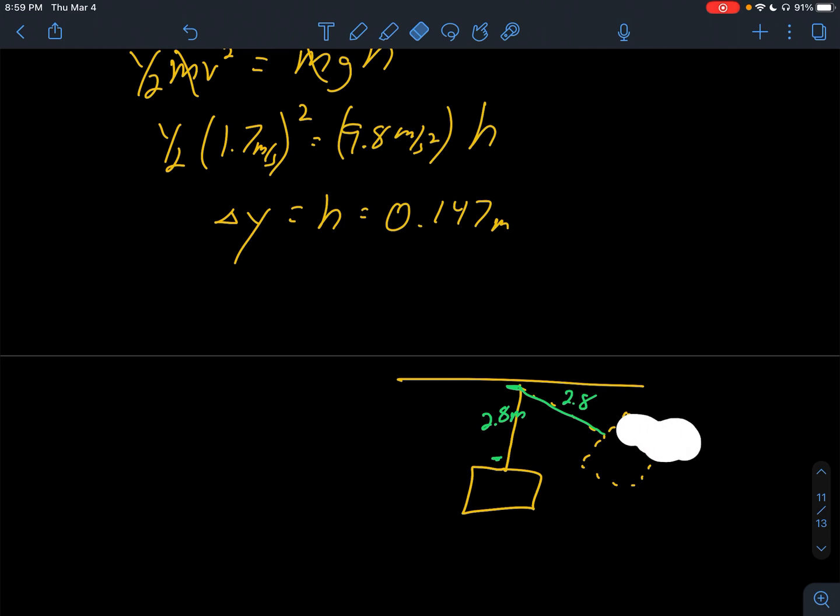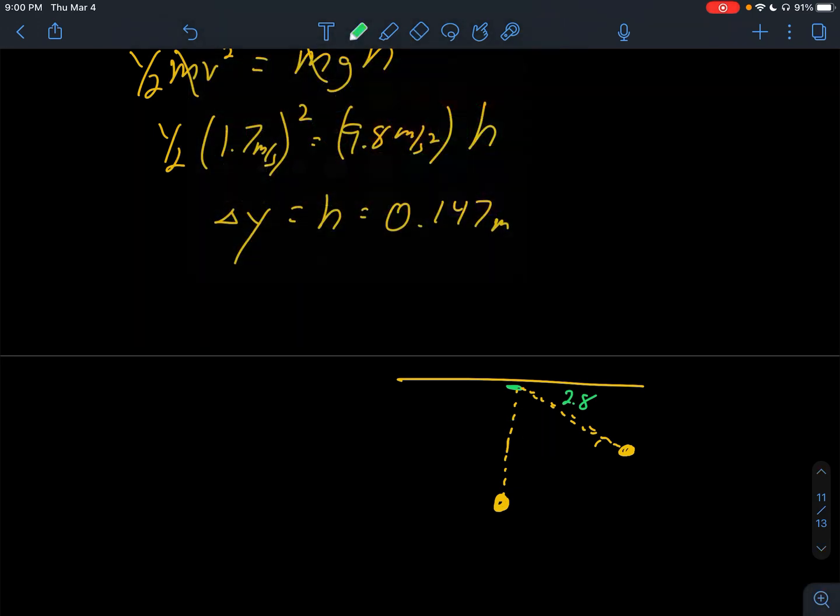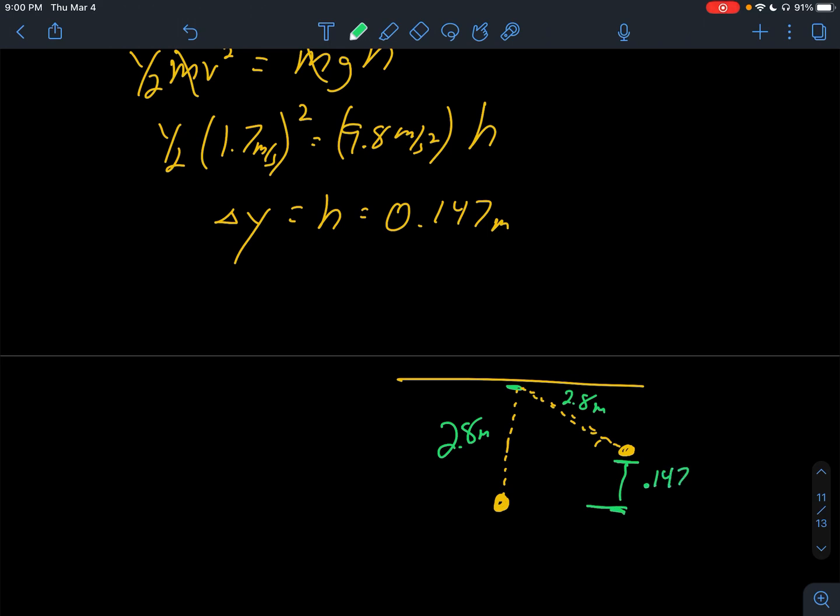To keep it a little bit simpler, we're going to get rid of the boxes and just have a point. Cool. So again, this whole length, 2.8 meters, that whole length, 2.8 meters, it went up. This might not be to scale. 0.147 meters.